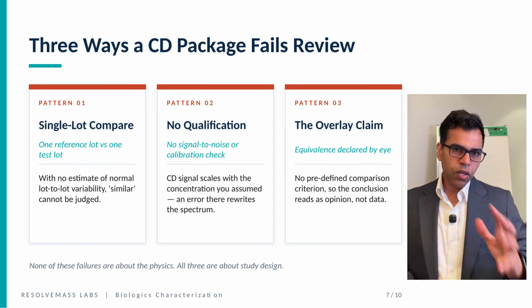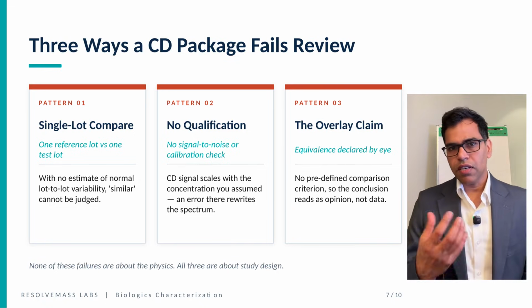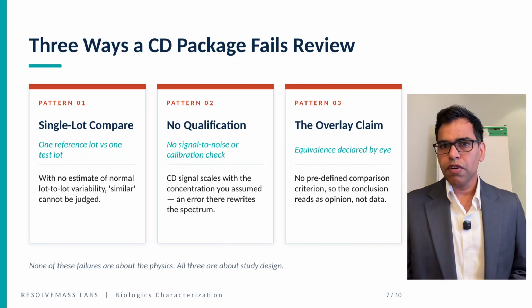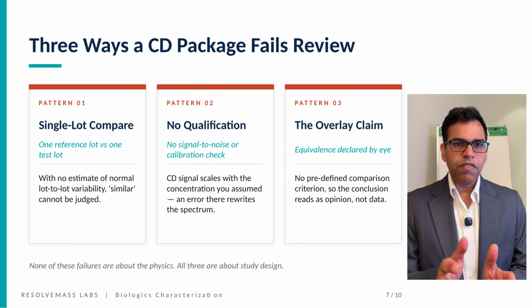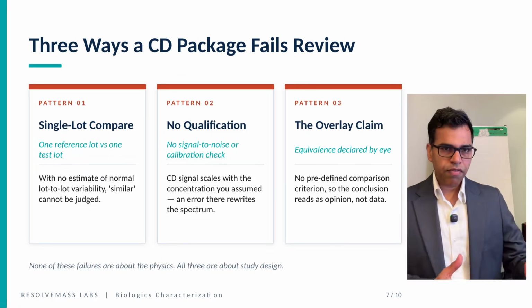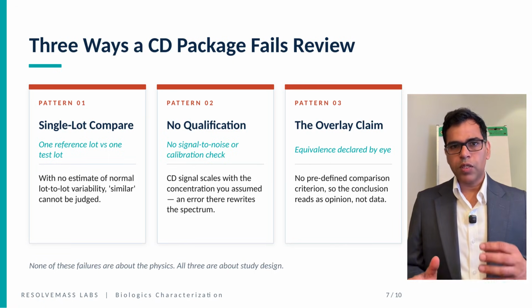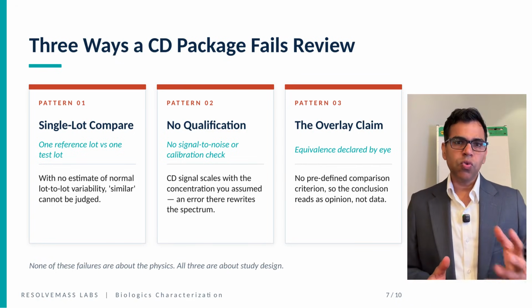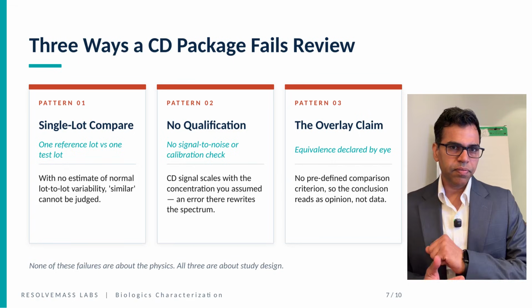Now, circular dichroism packages that get questioned in a review usually fail for three reasons, and none of them are about the physics. First, the single lot comparison, one reference lot against one test lot, offered as proof of similarity with no sense of normal lot to lot variability.